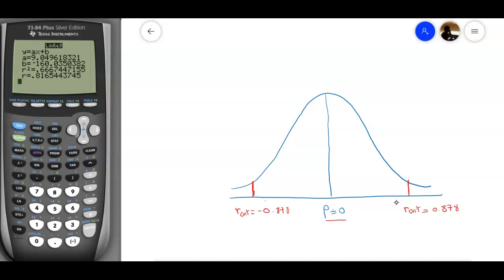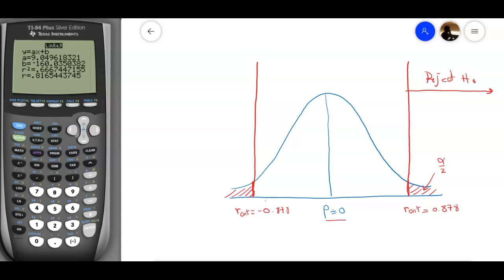Here you basically have a wall separating your decision. If I am on this side, here, this is alpha over 2, this is going to be reject H0. Similarly, from this side here, I'm going to be rejecting H0.